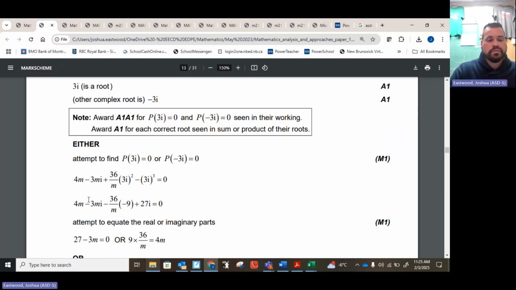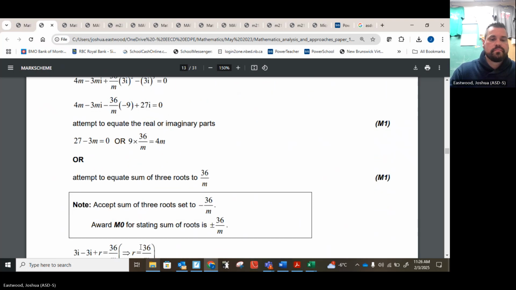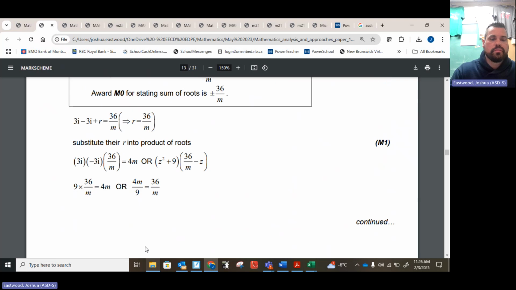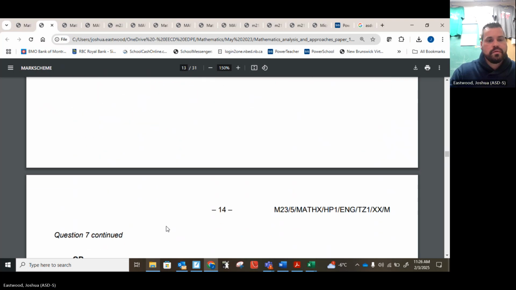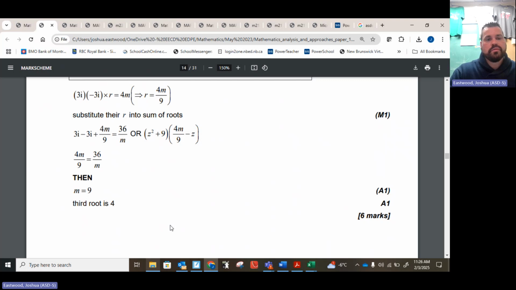So if 3m is equal to 27, then m is equal to 9. And the same thing here, 36 times 9 divided by m, you'll end up with the same answer. So eventually you'll get down to the fact that m is 9.